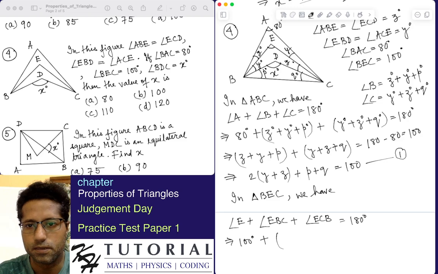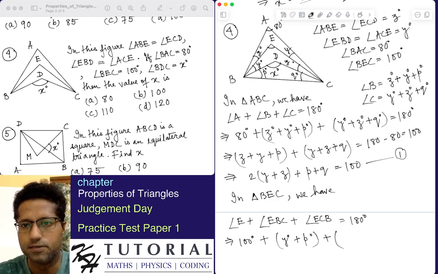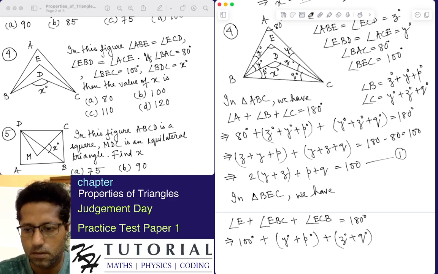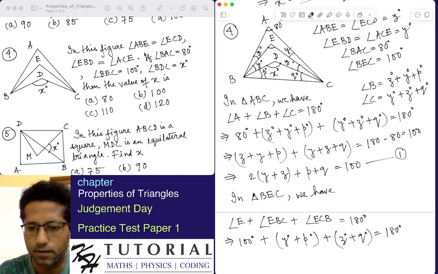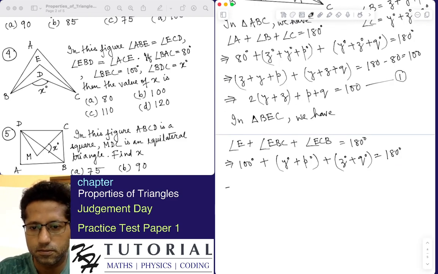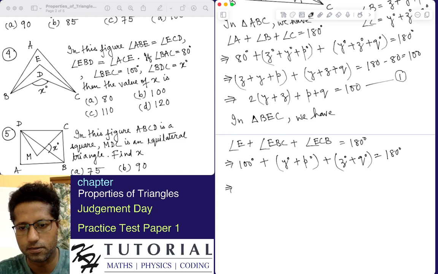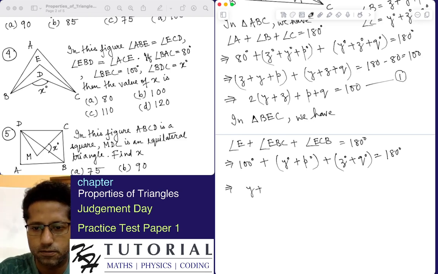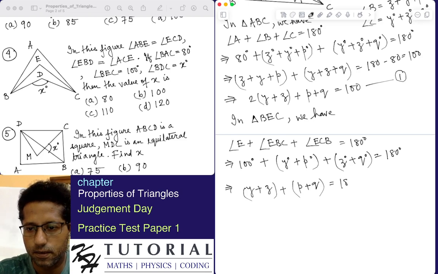Angle EBC is Y degree plus P degree, and angle ECB is Z degree plus Q degree, and the sum is 180 degree. Now we can ignore the degrees and say that Y plus Z plus P plus Q is equal to 180 minus 100 equals 80.